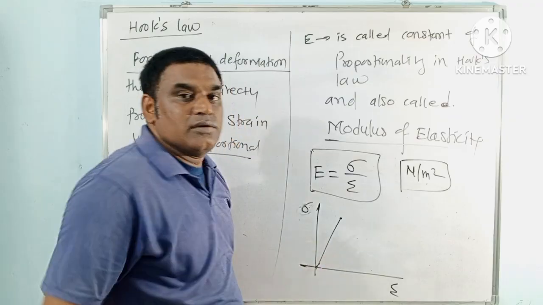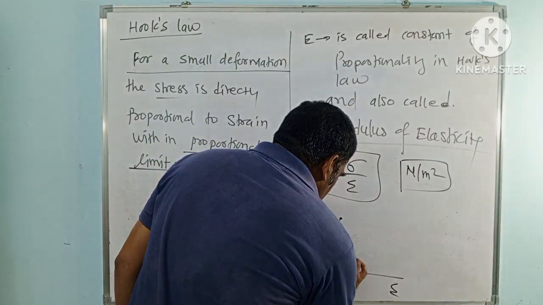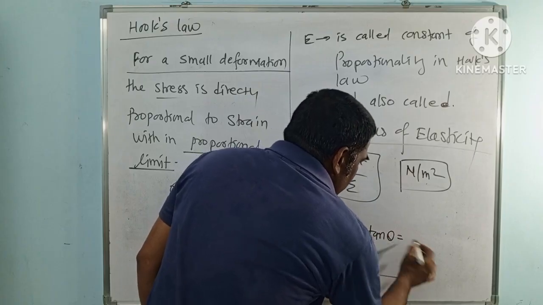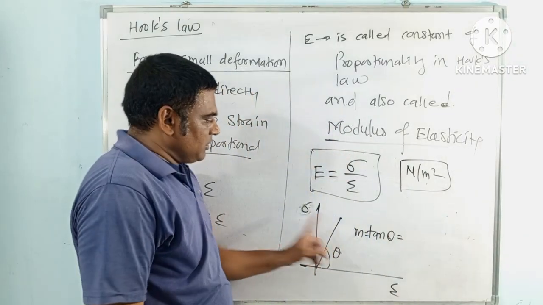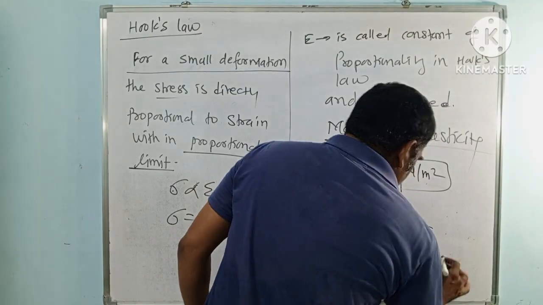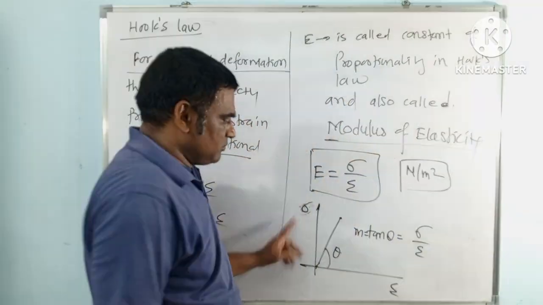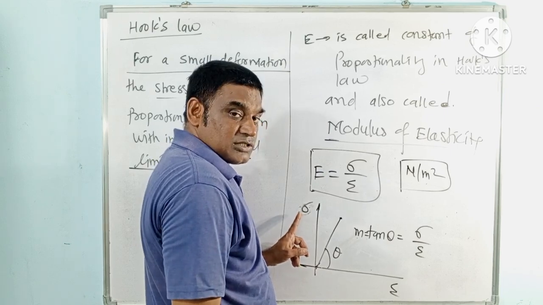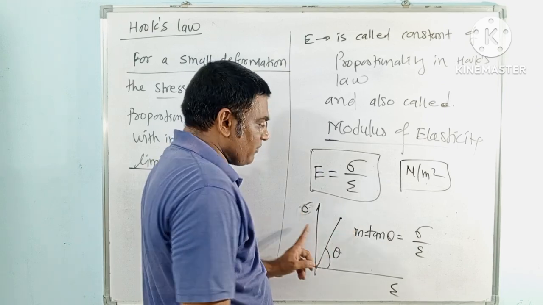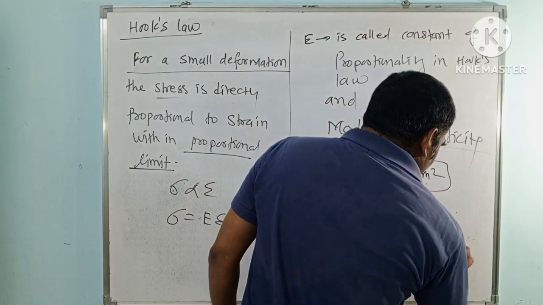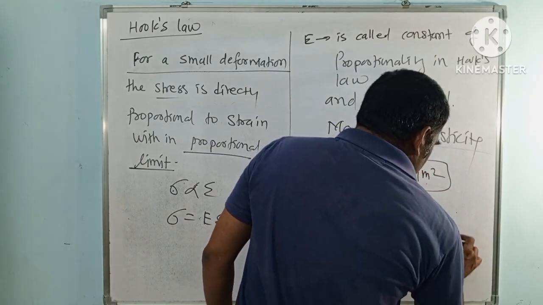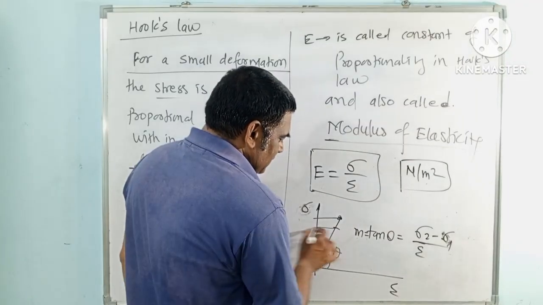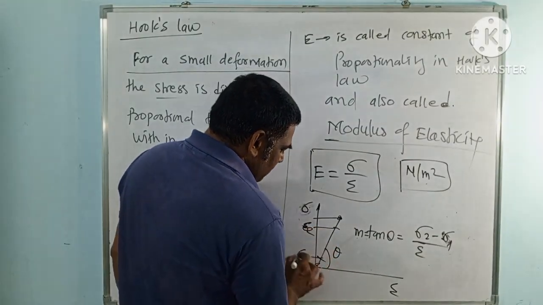For now, this much. If you talk about the slope, tan theta will be the slope. So what is this? Stress by strain. Yes or no? Y2 minus Y1, sigma 2 minus sigma 1, divided by epsilon 2 minus epsilon 1. You can take any two points, this is sigma 2 and this is sigma 1.